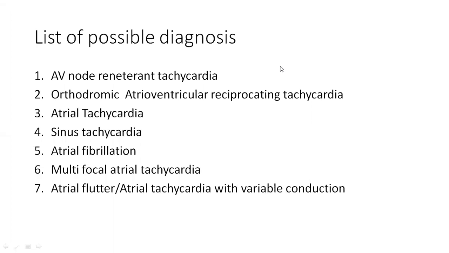This is a long list, and looking at a 12-lead ECG, it is convenient to divide or classify a narrow complex tachycardia based on whether the QRS is regular or irregular. That makes your life a little easier, and the differential diagnosis list becomes shorter.